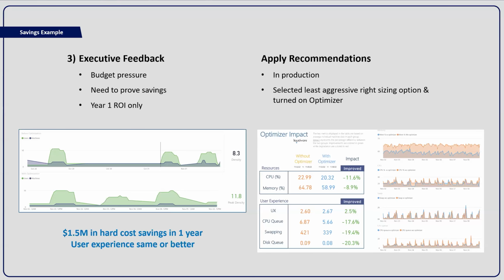And two, we turned on Optimizer, which is a feature in Stratosphere. I won't go through too many details, but basically what Optimizer does is promote the processes of applications that are in the foreground and reduce the priority of those that are not. In doing so, you can shave a lot of memory and CPU consumed by processes that the end user is not seeing, not in their foreground.